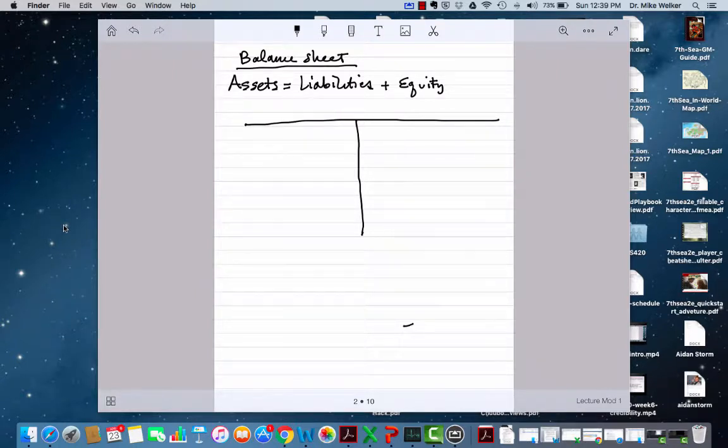So, while it's true that we'll have a balance sheet for a company, and we've got this set up so that assets are equal to, let's say, bonds and stocks. And then we have real assets.